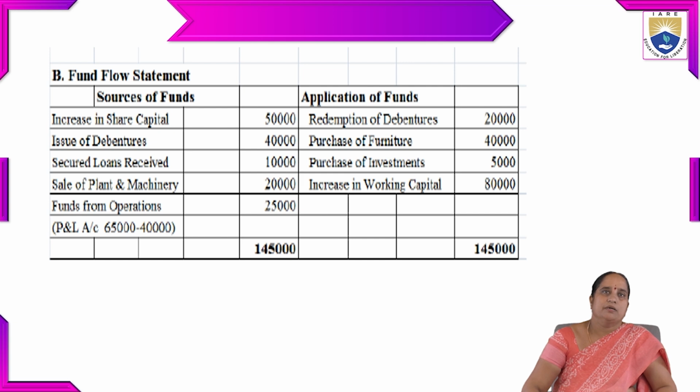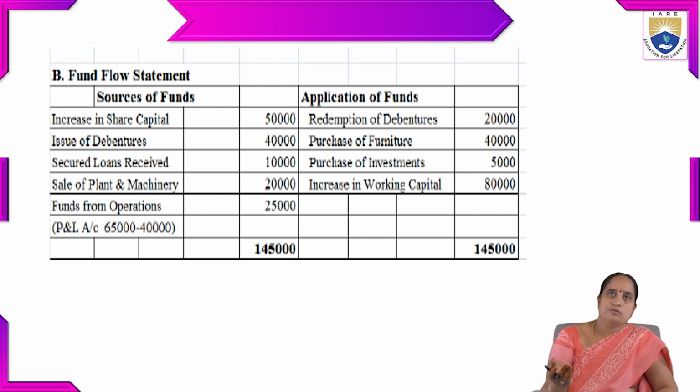Based on that, we have also prepared the funds flow statement, which indicates the sources of funds and application of funds. What are the things that come under sources from the above example? Increase in share capital, issue of debentures, secured loans received, sale of plant and machinery. Then we can find out funds from operations, which is taken from the profit and loss account.